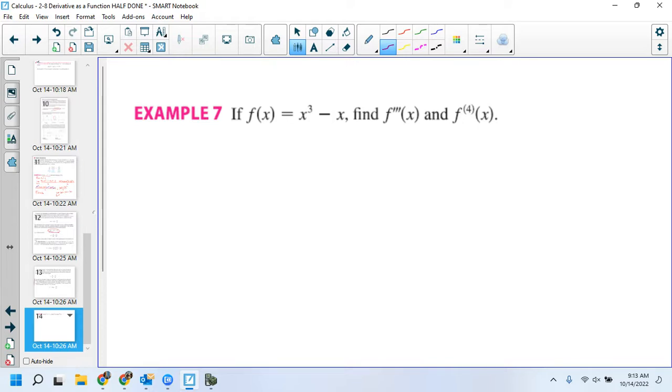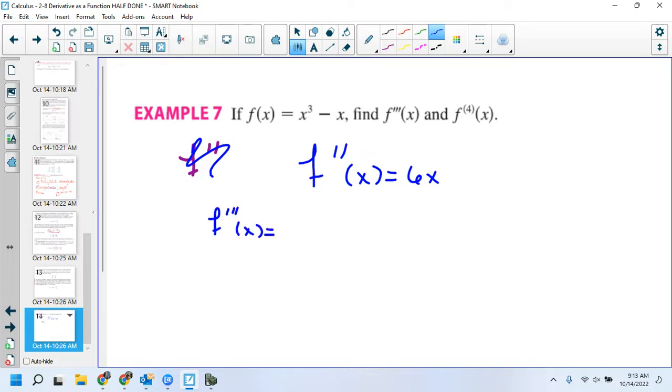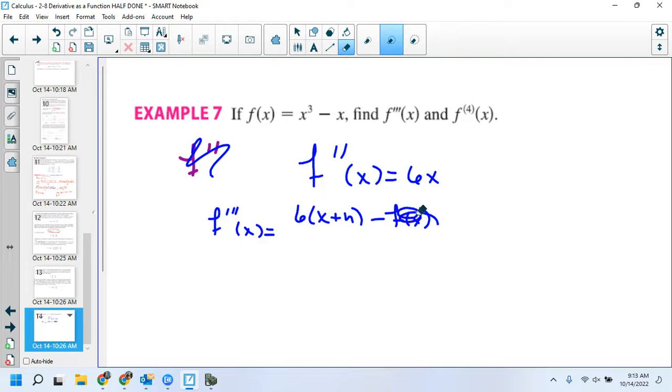All right, so we found f double prime. We found f double prime of x was 6x, right? Okay, what if I wanted to find f triple prime? What if I wanted to find the third derivative? Well, this would be f of x plus h minus f of x, all over h. Oh, no. F of x is just 6x. See, Carlos got me thrown off.